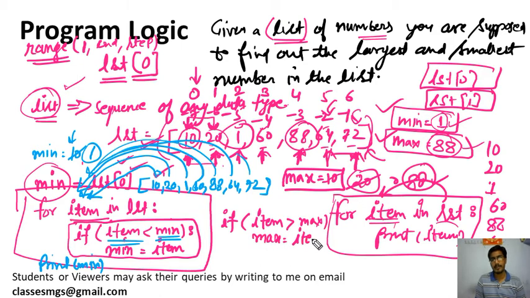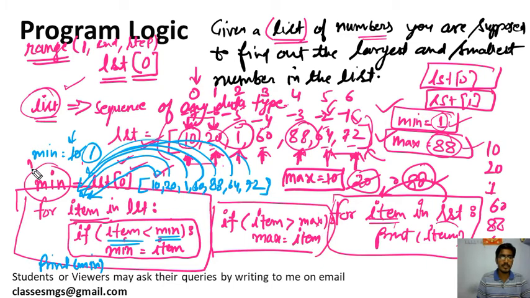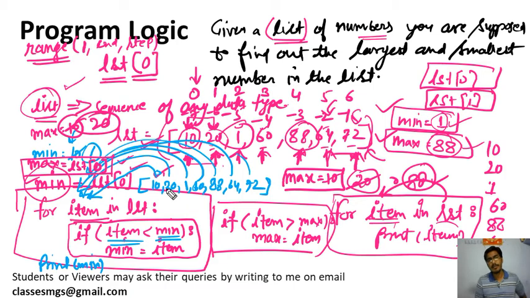Same thing will happen. We need to assume the maximum value also as list 0, so here you will write list 0, that is the 10 element. Now the maximum variable will be created and you will have 10 initially. Again this will be compared: 10 is greater than 10, condition false, no maximum update. 20 is greater than 10, yes, so my new maximum will be 20.